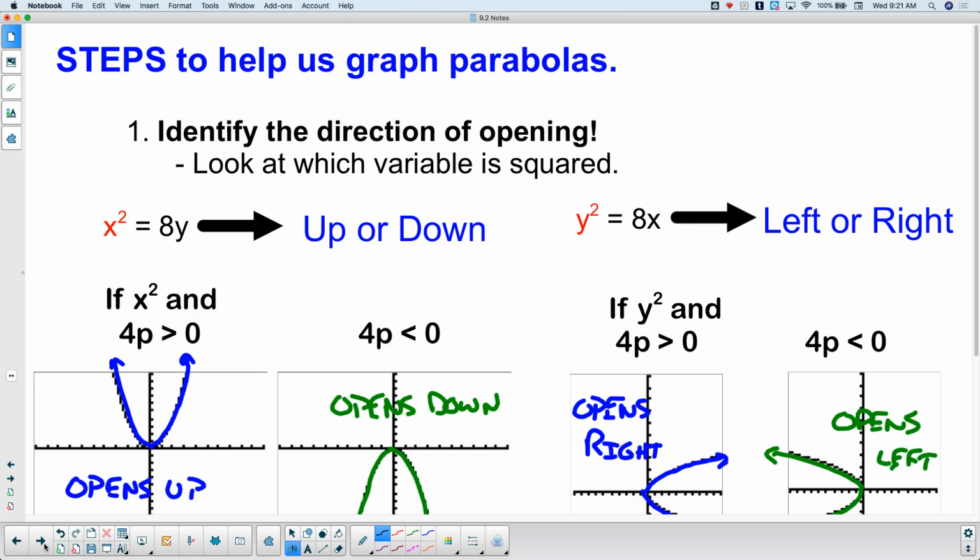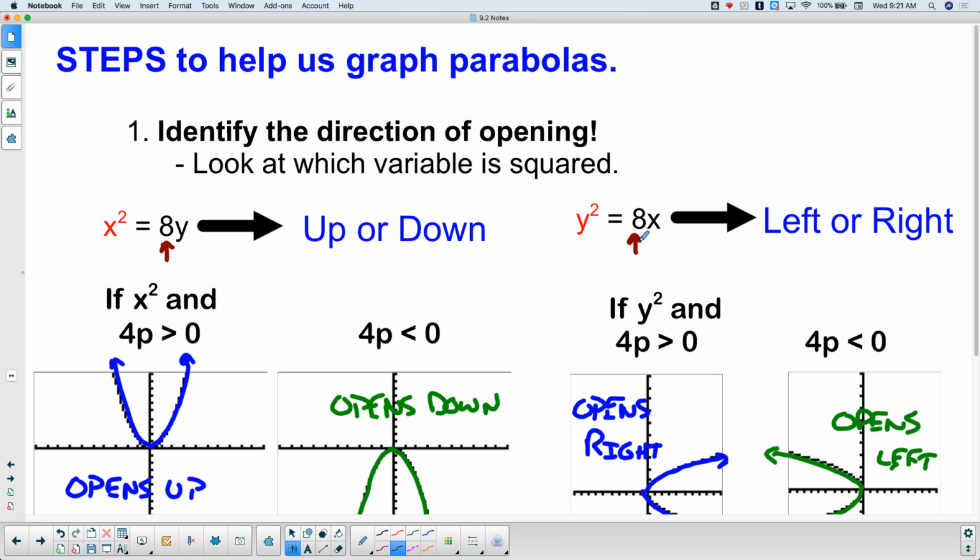It's one that you've seen since Algebra 1. If y is squared, that is a left or a right opening parabola. And then you look at the non-squared coefficient.